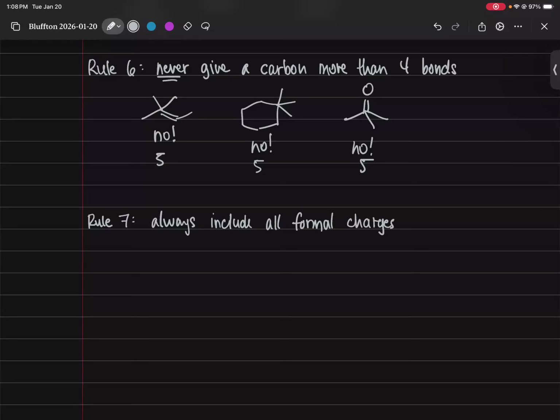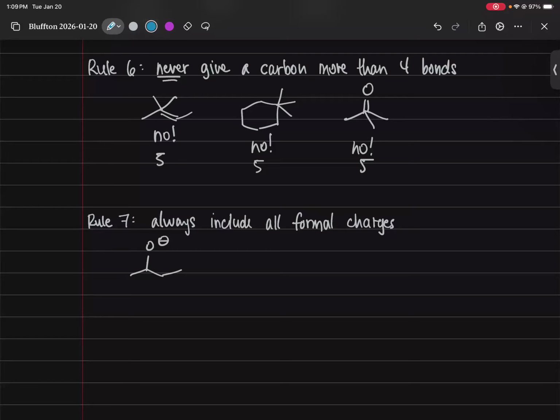I mentioned this briefly, but always and forever include all formal charges. So from our little oxygen example that we talked about, that's okay. We have an oxygen with a negative charge, and it's okay for an oxygen with 1 bond to have a negative charge. You'll notice I haven't drawn in lone pairs, and that's okay.